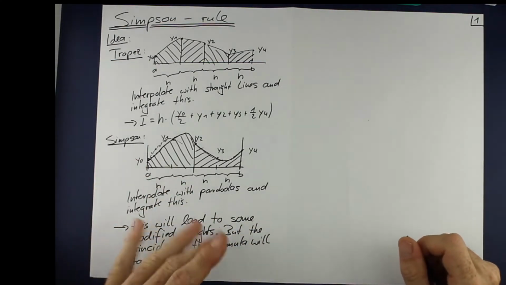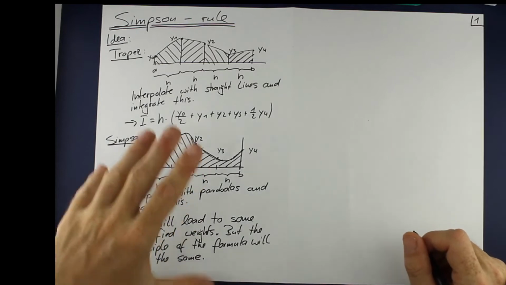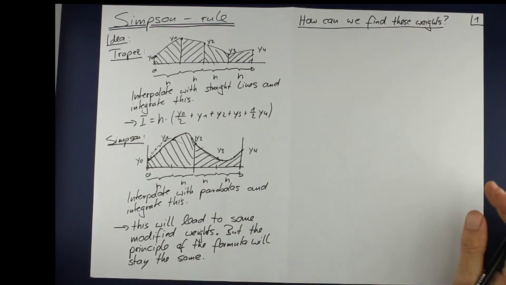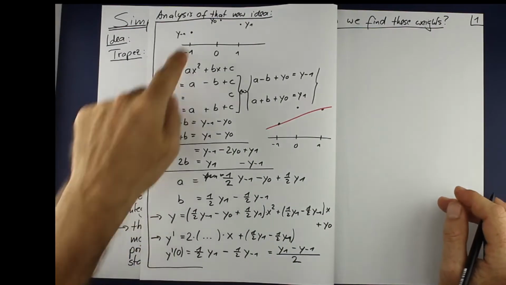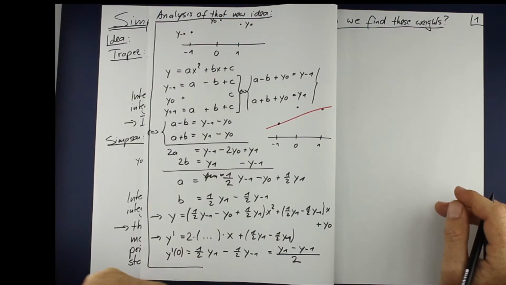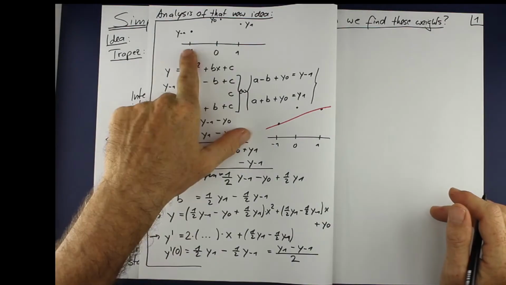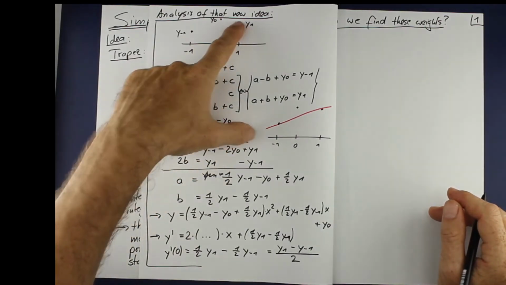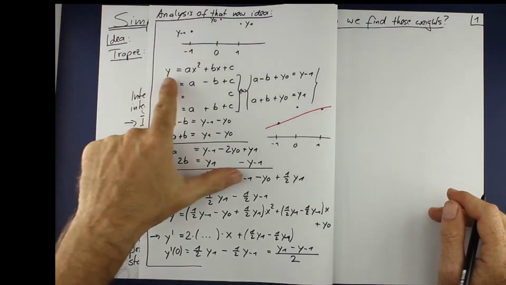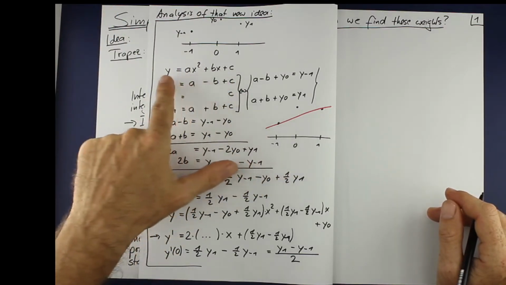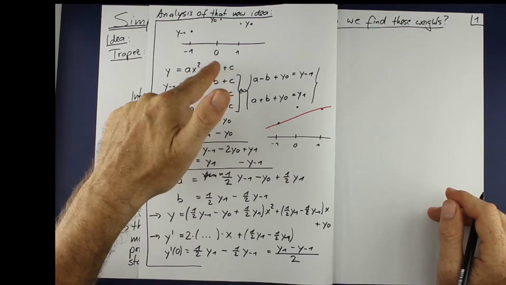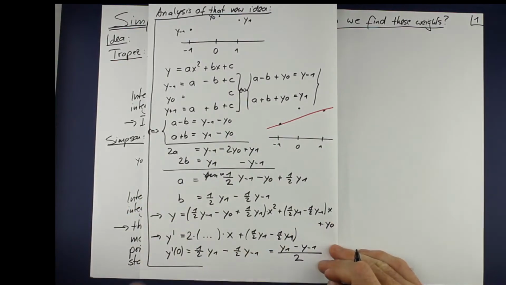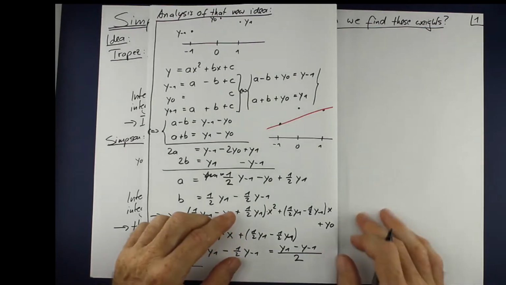Okay, and now the question is, how can we find these weights? In one of the last videos we did what we can now reuse. We have 3 positions and 3 function values, and what we are looking for is the formula for the interpolating polynomial of degree 2. And this is the answer, and that we can reuse.